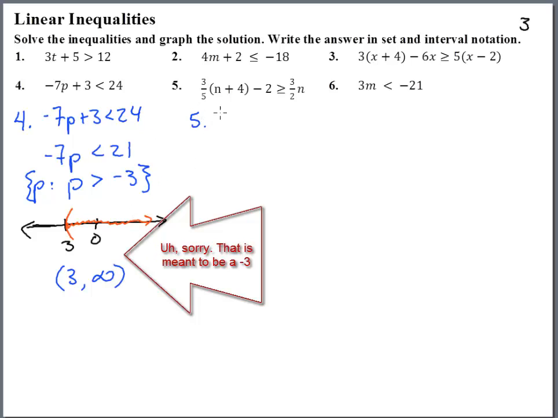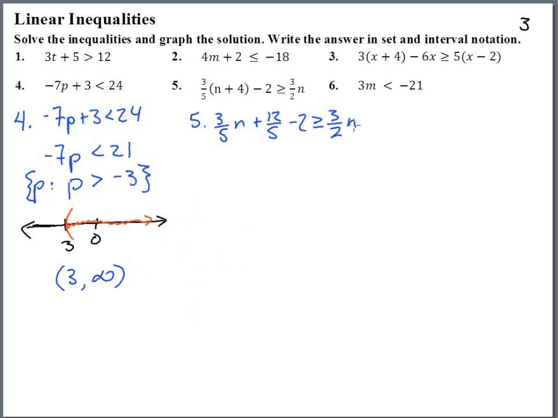Number 5. Jump that in, we get 3/5 n plus 12/5 minus 2 is greater than or equal to 3/2 n.